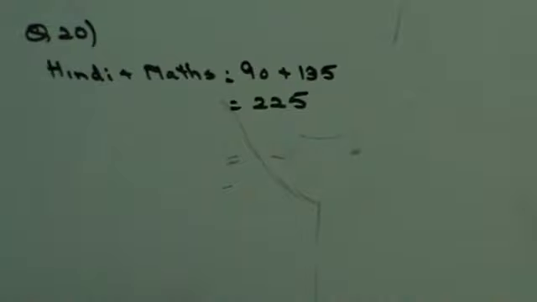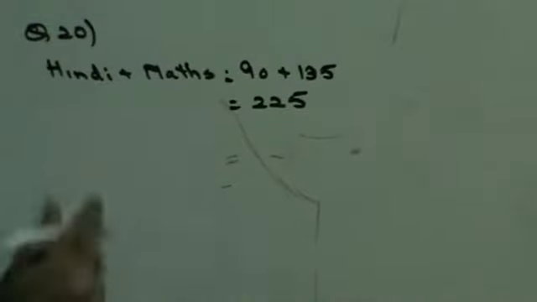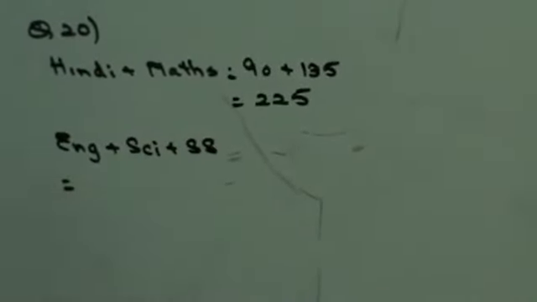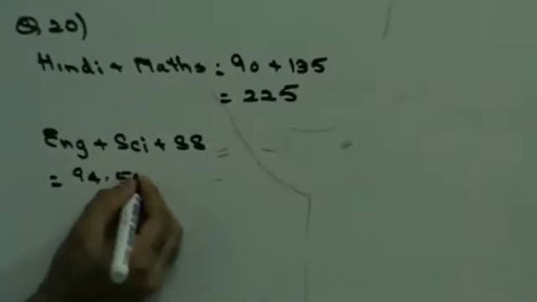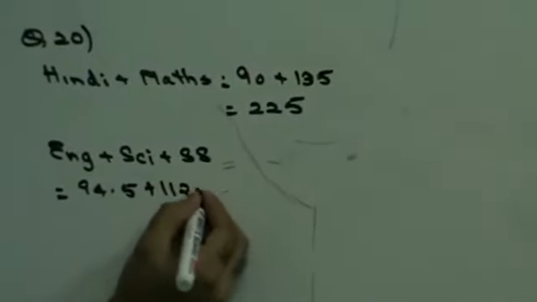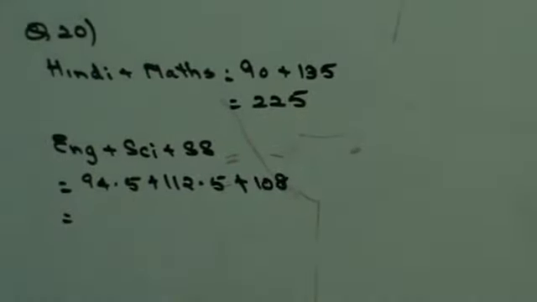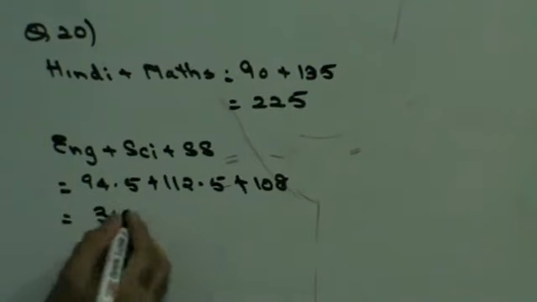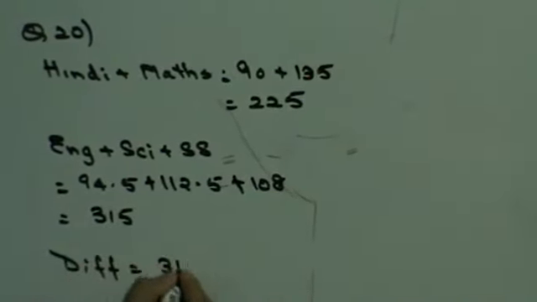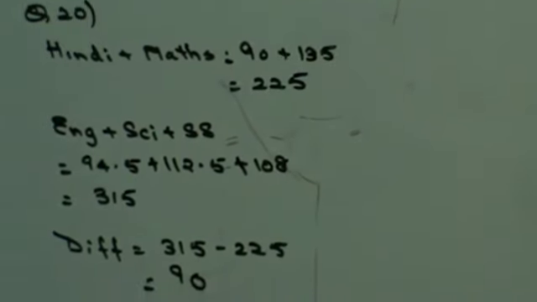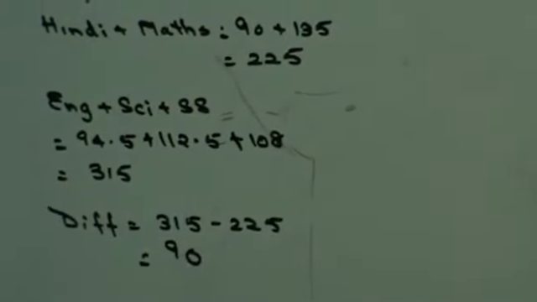Then English is 94.5, science is 112.5, social science is 108. When you add this it comes to 315. So the difference is 315 minus 225, which works out to 90. That's the difference between the marks scored in English, science and social science, and Hindi and maths.